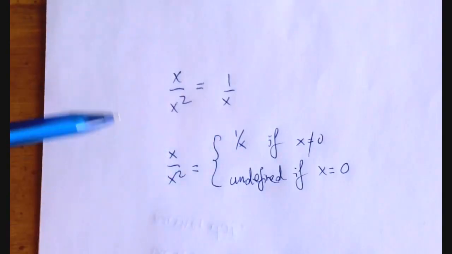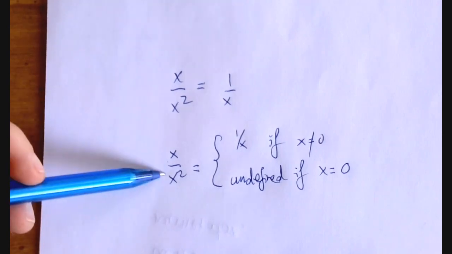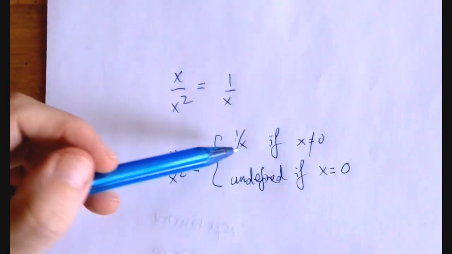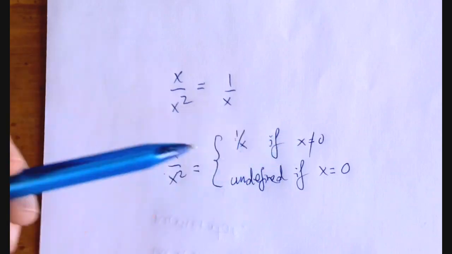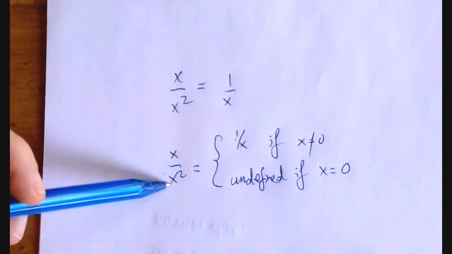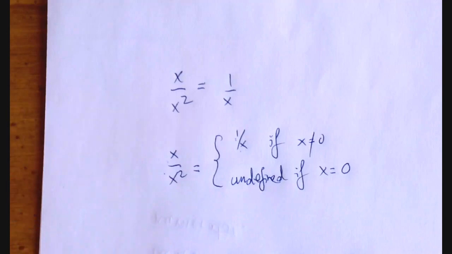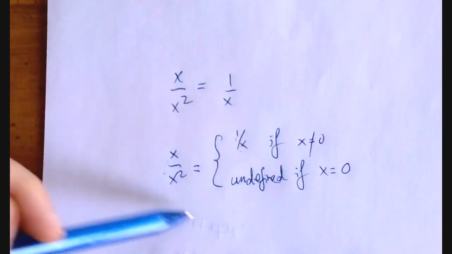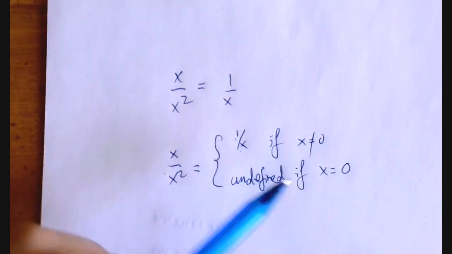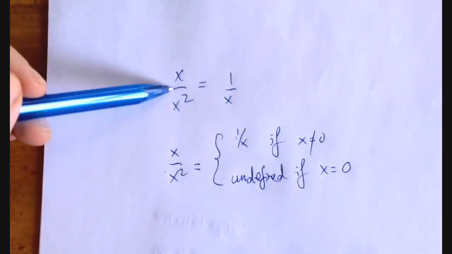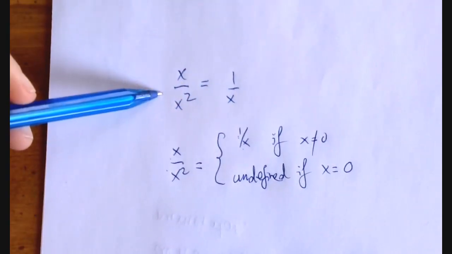This is correct, right? x over x squared, when we simplify it, is 1 over x, and that's always the case as long as x is not 0. And if x equals 0, then we're dividing by 0, so the expression is undefined. So this is correct. But this here is sort of unnecessary, because if you compare the two denominators, without mentioning x equals 0, they are the same, right?